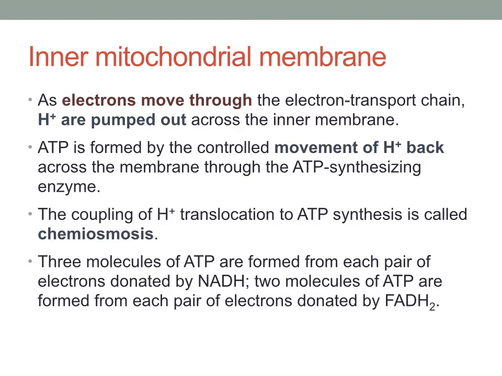Once they build up in the intermembrane space, they will form a big gradient that will be used by another protein to form ATP. Basically, they will use the energy of the strong proton gradient to synthesize ATP from ADP and Pi.